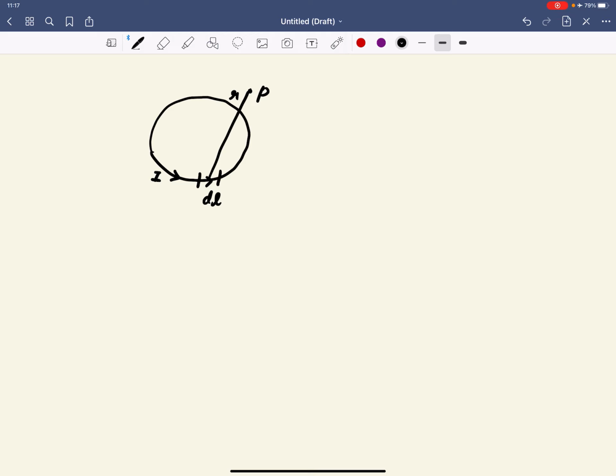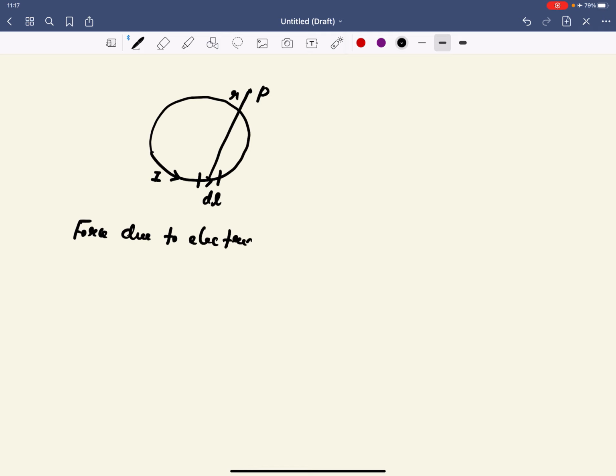So now if you want to find the force due to this magnetic field, we can first look at the force due to electric field.